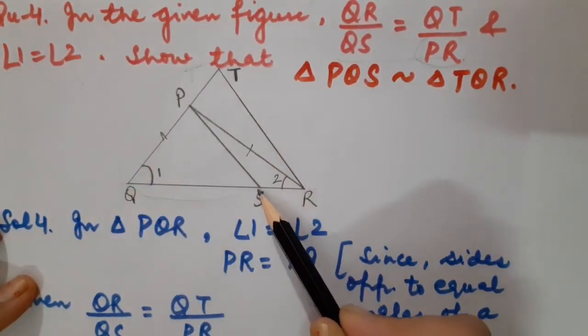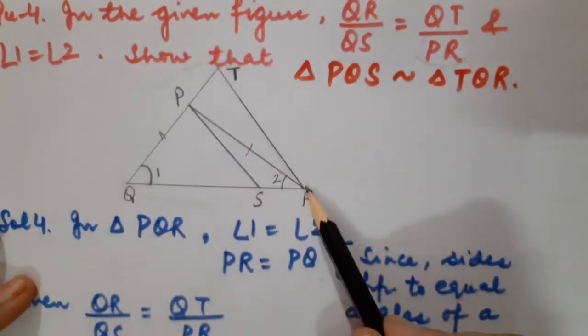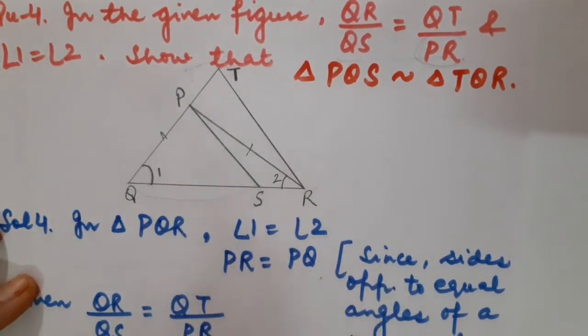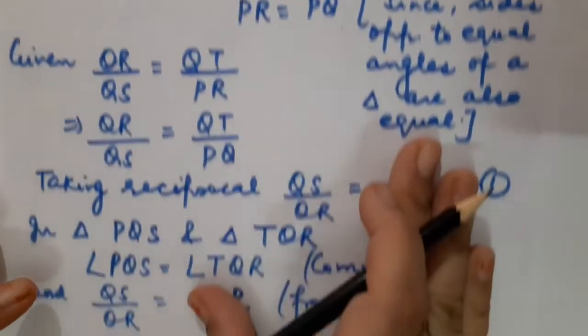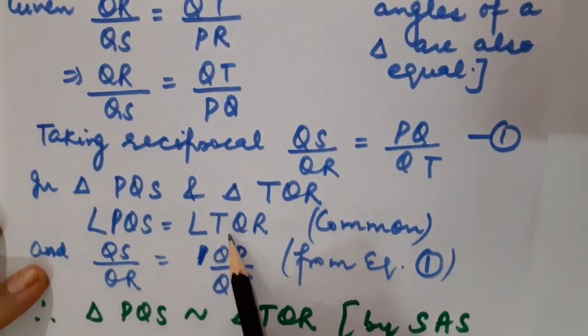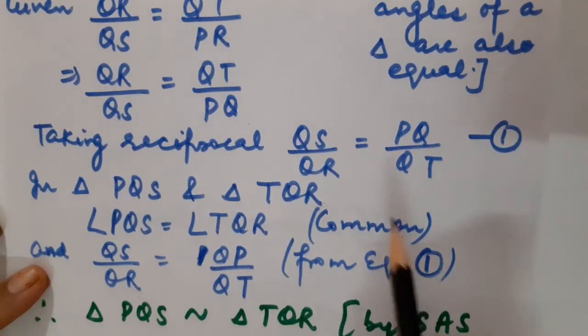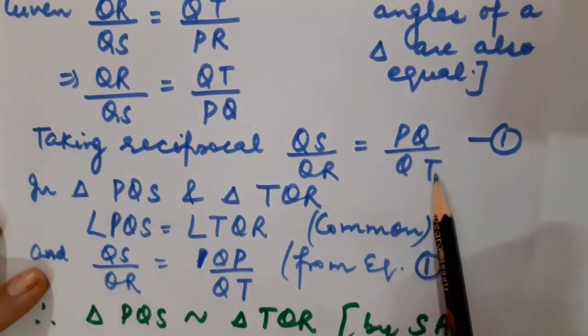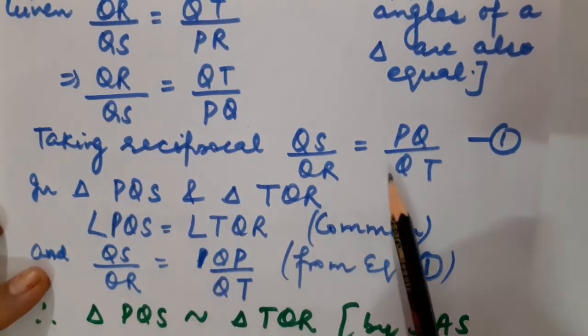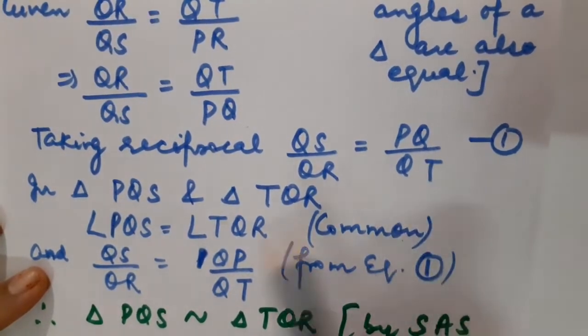PQS and TQR, you are going to find this angle Q as common. So the first condition will be the common angle. Here I have written angle PQS is equal to angle TQR, common. And according to equation number 1, I got QS upon QR is equal to QP upon QT.